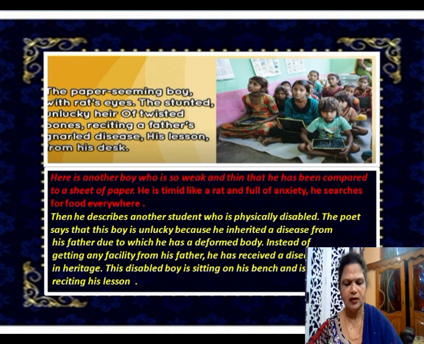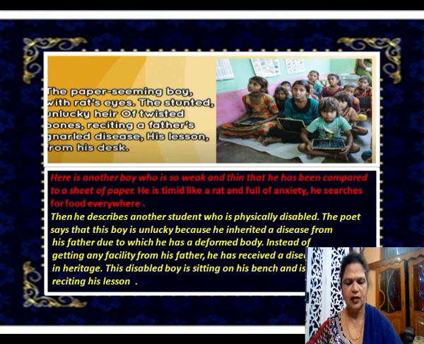Now, the next line. The stunted, unlucky heir of twisted bones. Reciting a father's gnarled disease, his lesson from his text. Now, the explanation of this line. He describes another student who is physically disabled.